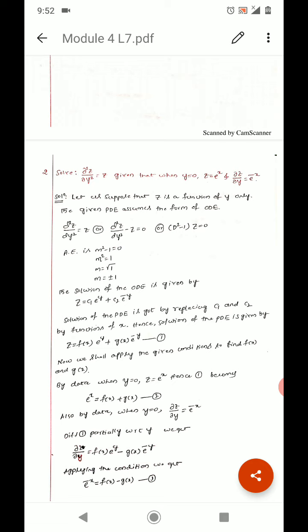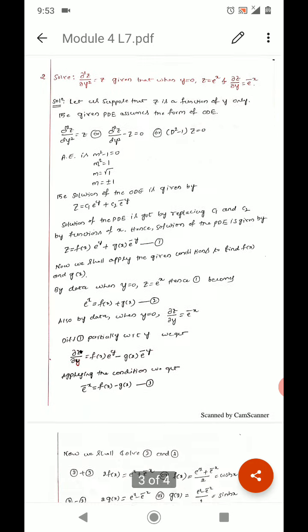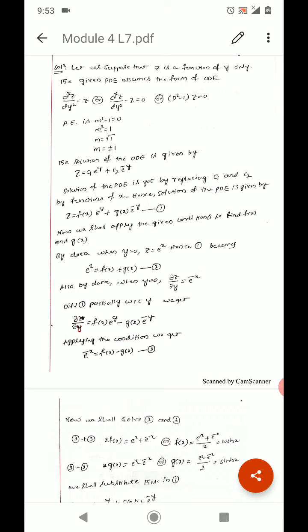Therefore that becomes minus g of x into e power minus y. Now apply the condition, that is y is equal to 0. When y is equal to 0, del z by del y is equal to e power minus x. So we get e power minus x is equal to f of x minus g of x, that is equation 3.